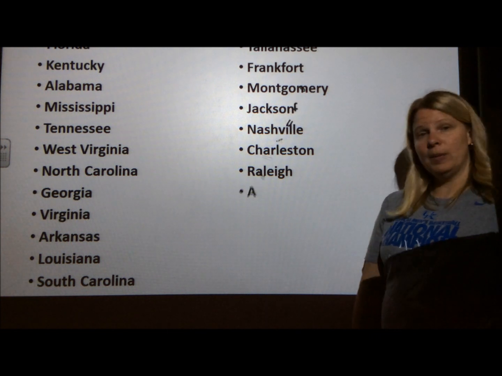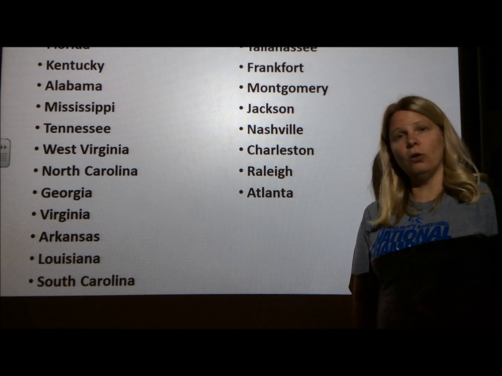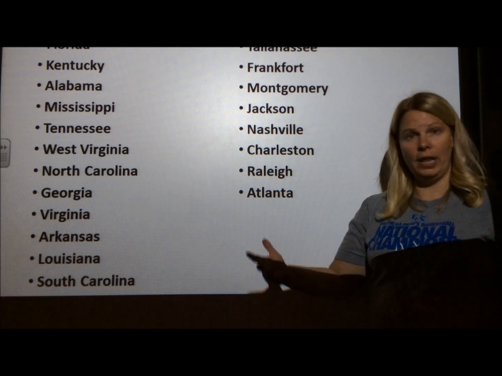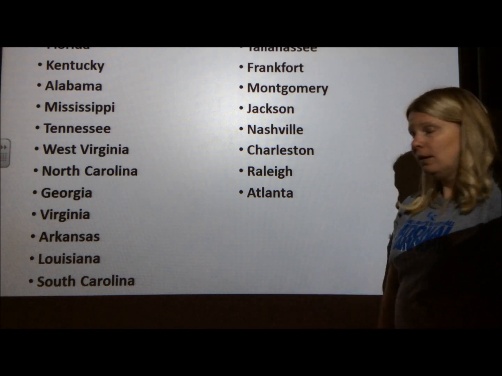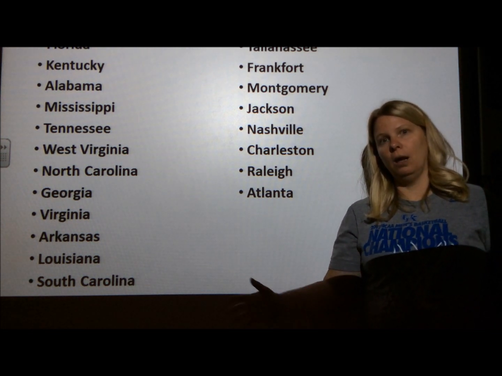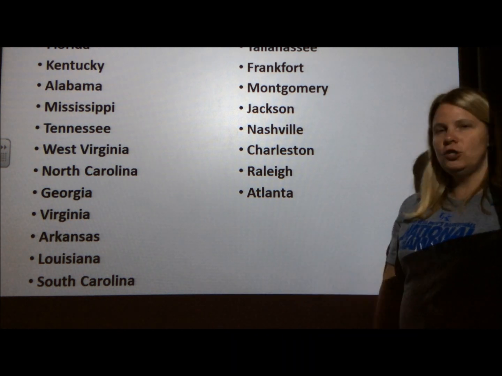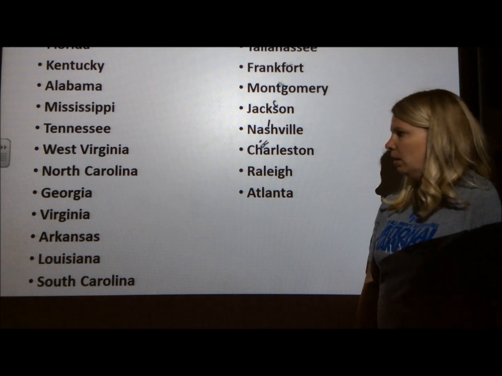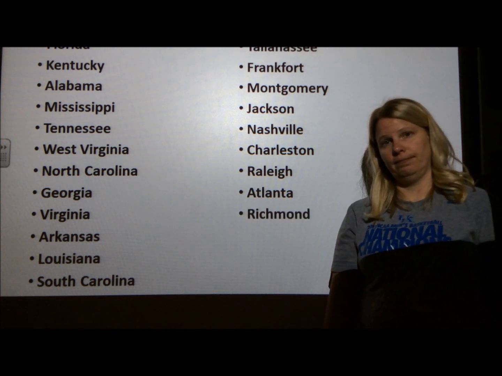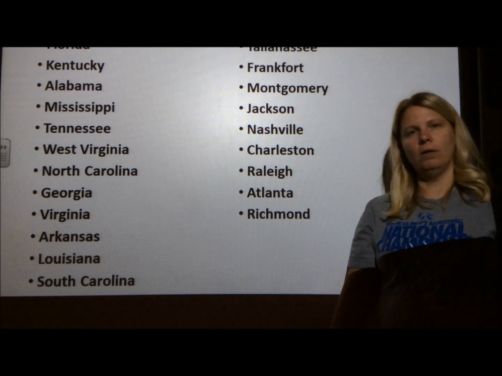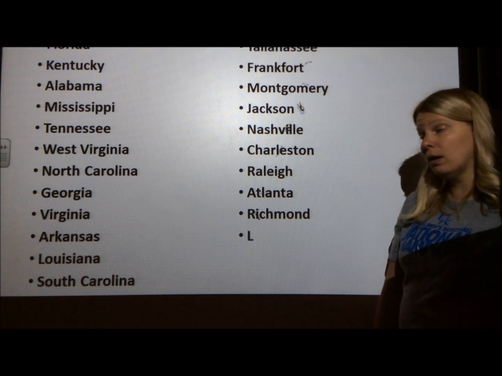Atlanta. Sometimes when you drive to Florida to go to Disney World or Orlando or Universal Studios, you might drive through Atlanta. Lots of lanes of traffic. Not a fan of driving through that. Virginia. Richmond. Arkansas. Little Rock, Arkansas.